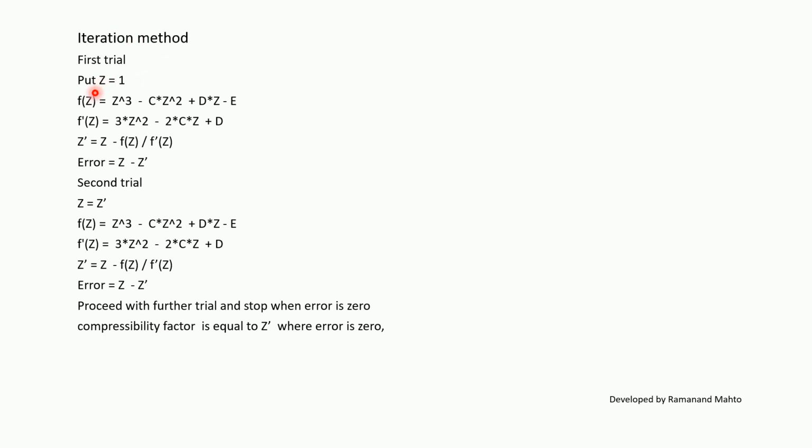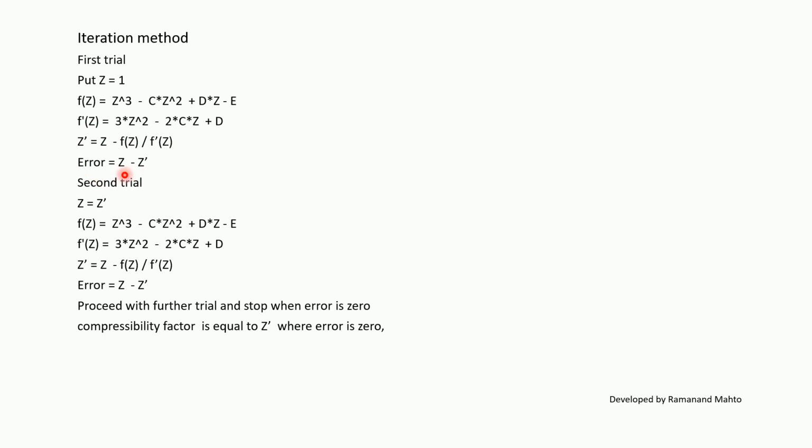First trial, iteration method you have to use. So put Z is 1, then Fz is calculated because Z is 1, C, D, E are constant factors, we know that. So Fz is calculated, then next F dash Z is calculated because Z is known, C is known, D is known. Then Z dash is equal to Z minus Fz upon F dash Z.